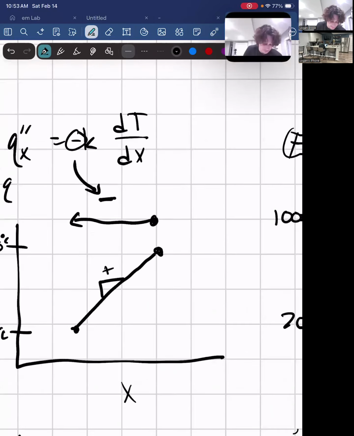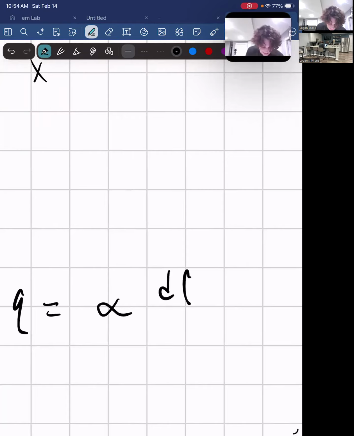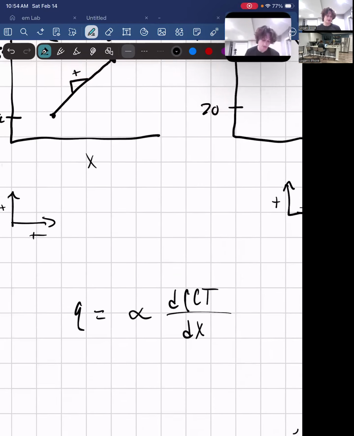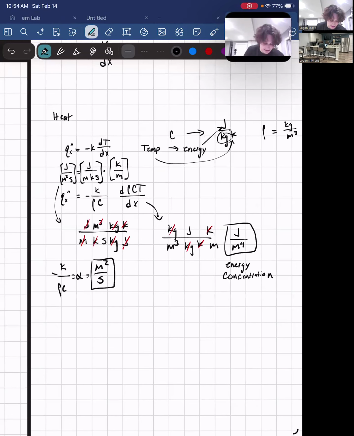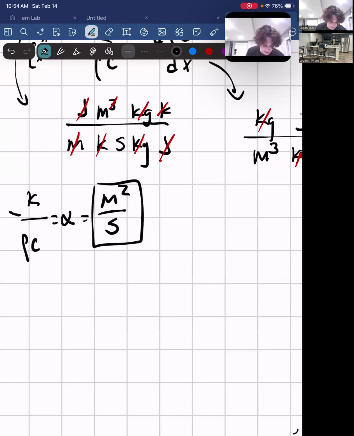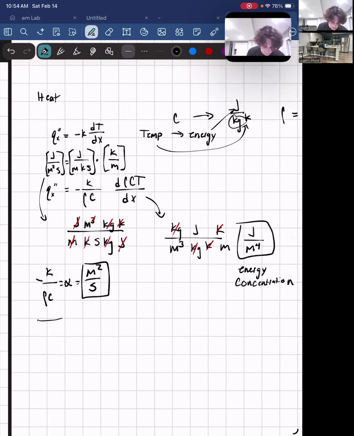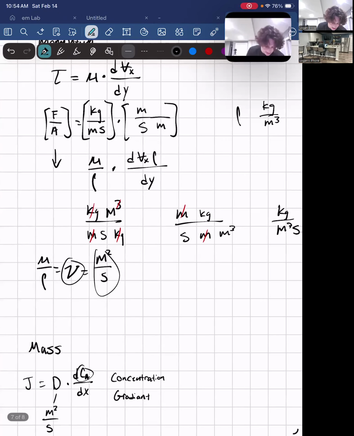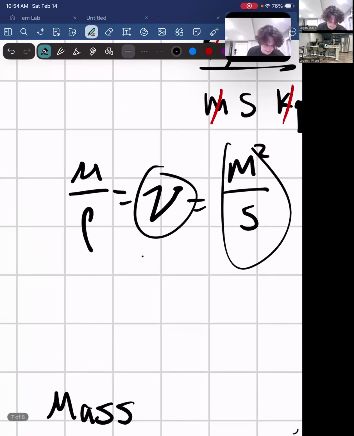You can rewrite it with our thermal diffusivity times the change, and this will be the same thing. So to recap, we related heat, mass, and momentum via our diffusivity, of minus K over rho C. Our momentum with viscosity over density, which is our kinematic viscosity.